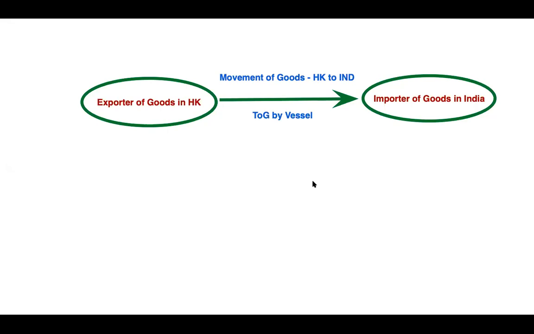Now here I would give you two options. Option one, ask the Indian company to take delivery of the goods at Hong Kong port and import the goods, or transport the goods on its own. Option two, ask the Hong Kong fellow to transport the goods.